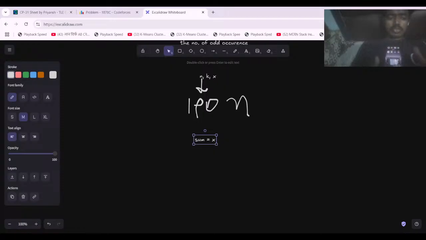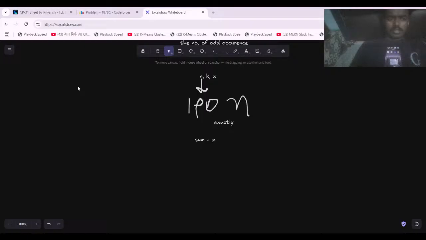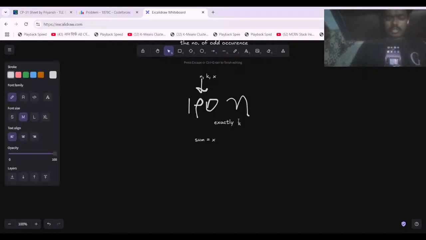only, but the condition is from 1 to n I want to pick up exactly k distinct integers.